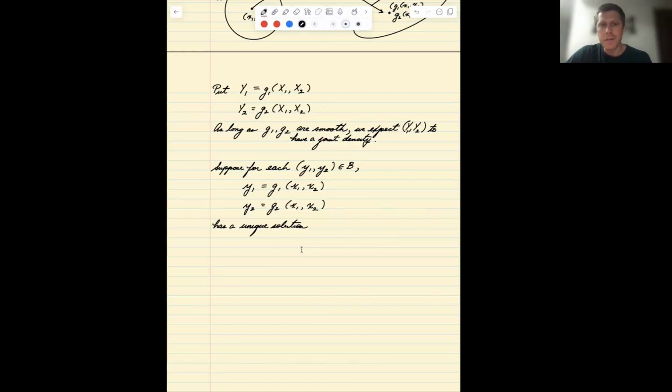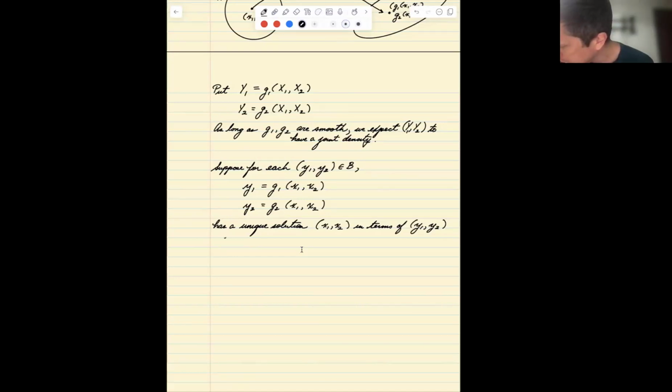So we're assuming an invertible transformation, which allows us to express x1 and x2 in terms of the pair y1, y2. So for each pair y1, y2 in the transform space, there's a unique point in the original space.